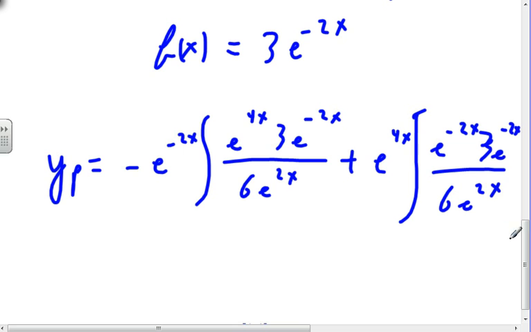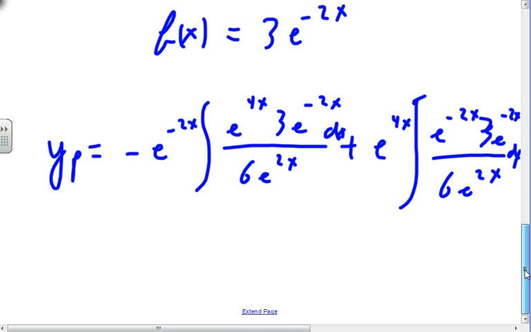And I ran out of room for the dx's, but there still has to be a dx there, and there's still a dx over here, so I put them in.